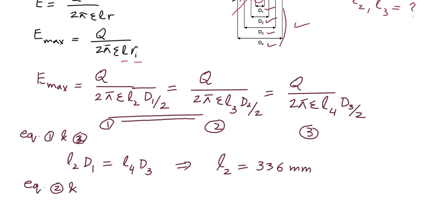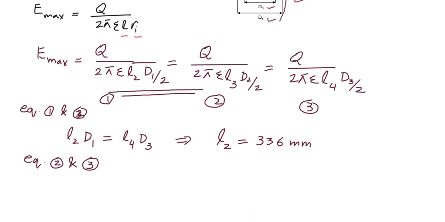Similarly, by equating term 2 and term 3 in equation A, we will get L3 D2 equal to L4 D3. Again, here D2, D3 and L4 are known.